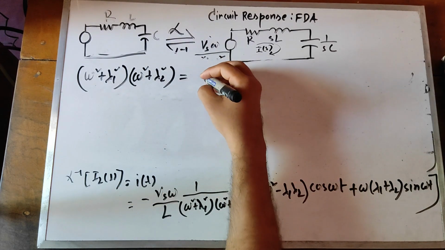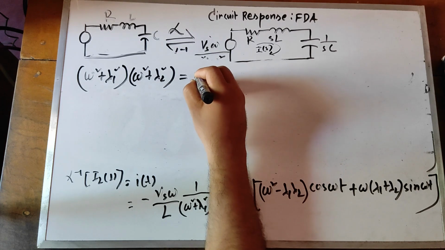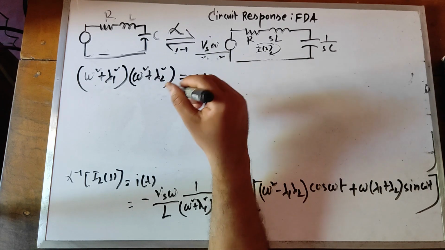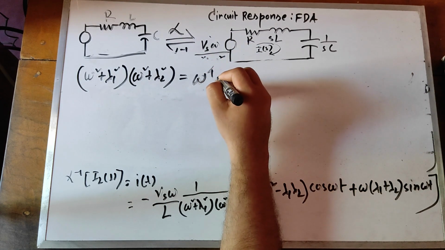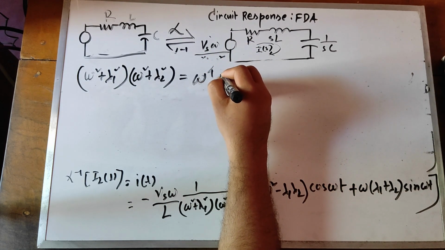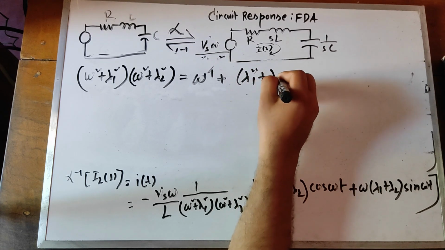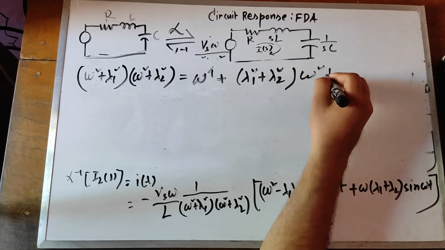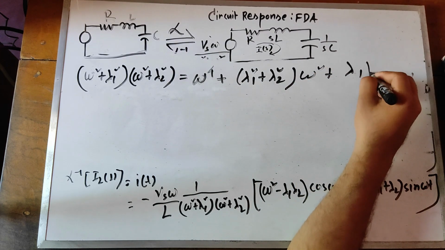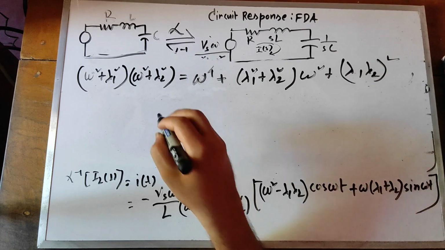Now what I'm going to do is, if I just multiply the two, this will give me omega 4 plus lambda 1 square plus lambda 2 square omega square plus lambda 1 lambda 2 whole square.